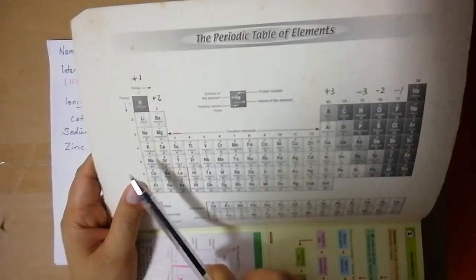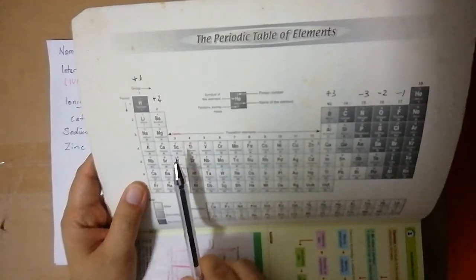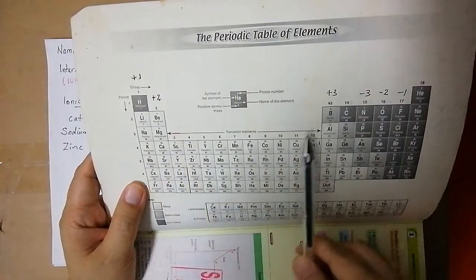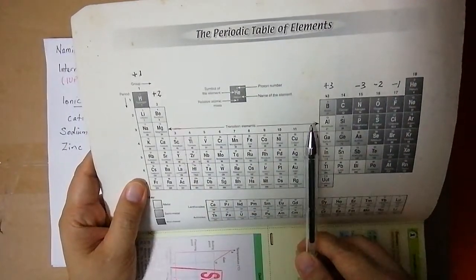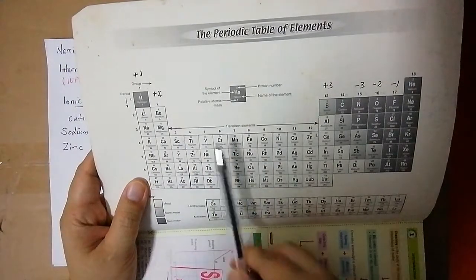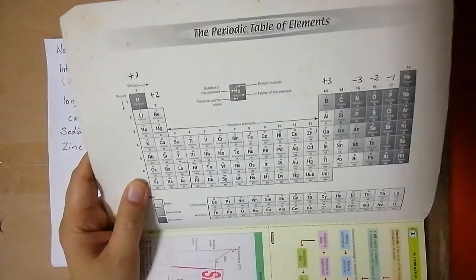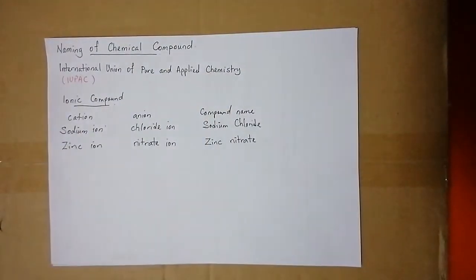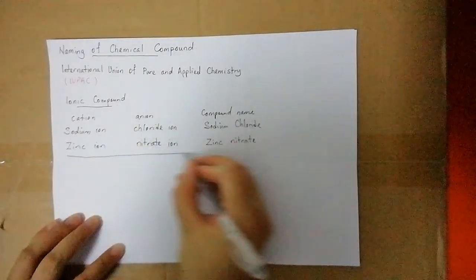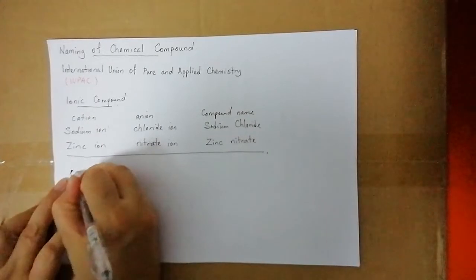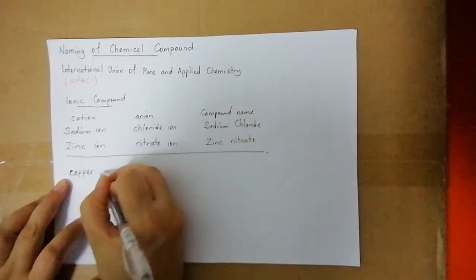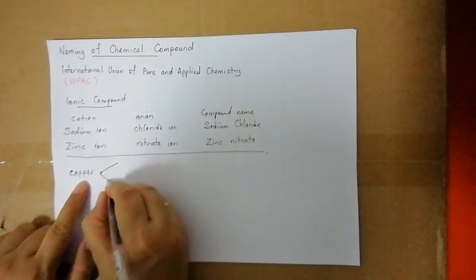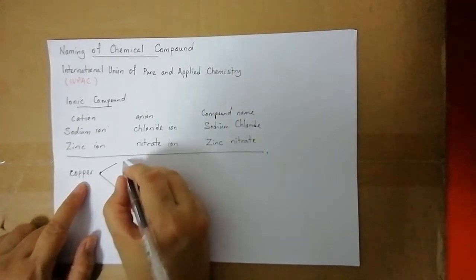But of course, there are some exceptions: the transition elements, from group 3 to group 12. These transition elements have more than one type of ion. For example, let's take copper. The copper element can form two types of cation.